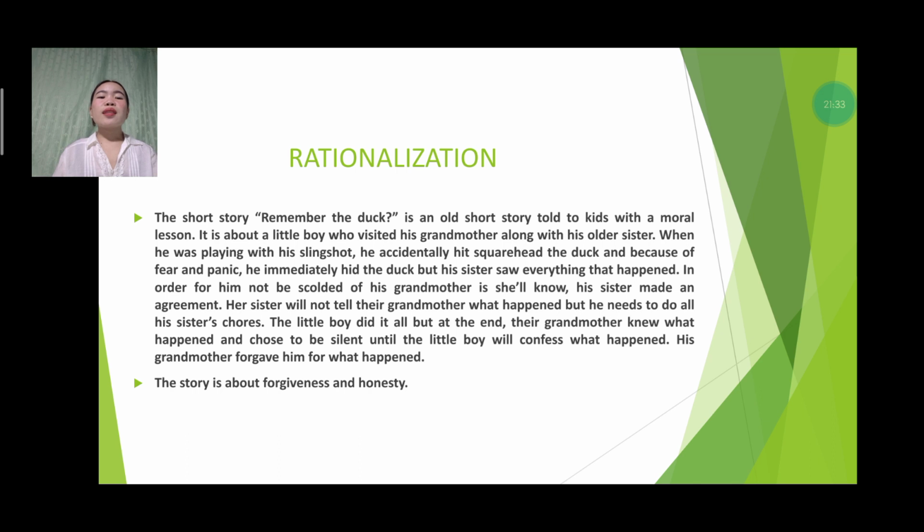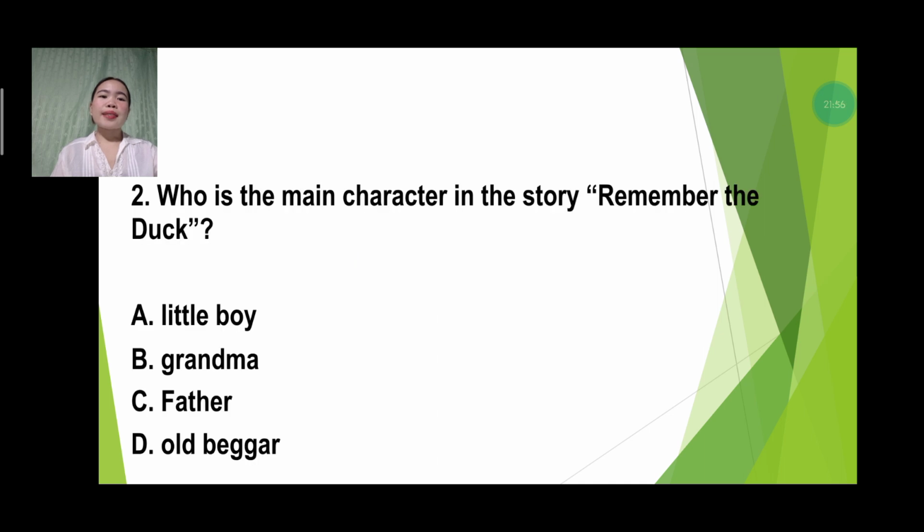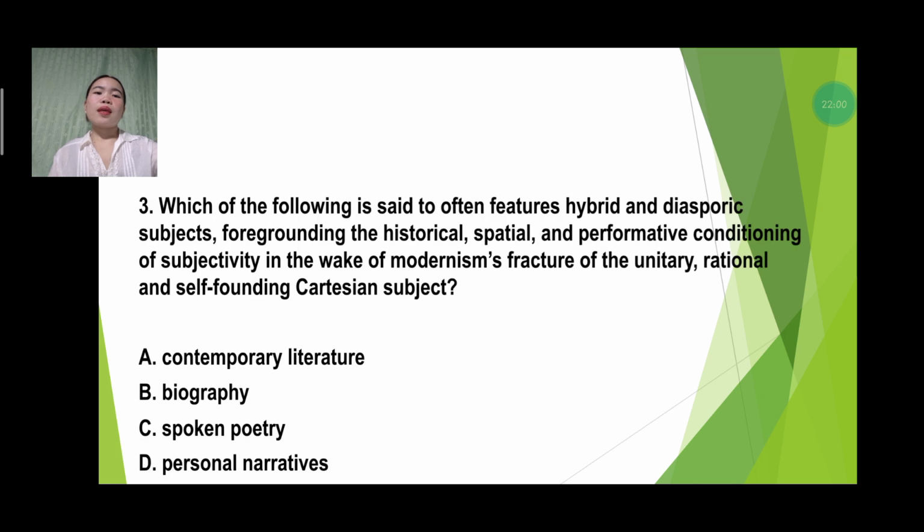The little boy did all at the end, but the grandmother knew what happened and chose to be silent until the little boy would confess what happened. At the end of the story, the grandmother forgave him for what happened. So the story is all about forgiveness and honesty, which was led by the little boy.